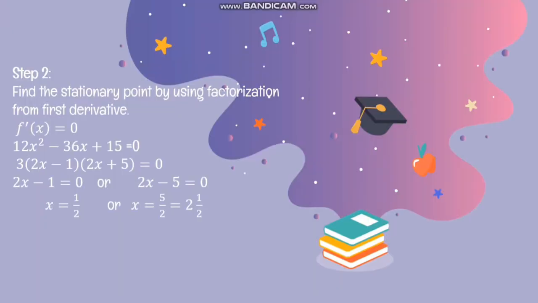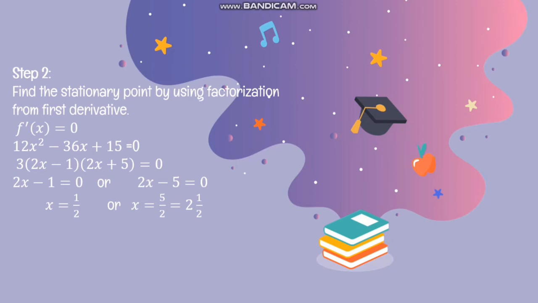Step 2. Find the stationary point by using factorization from first derivative. First derivative equals 0. 12x squared minus 36x plus 15 equals 0.